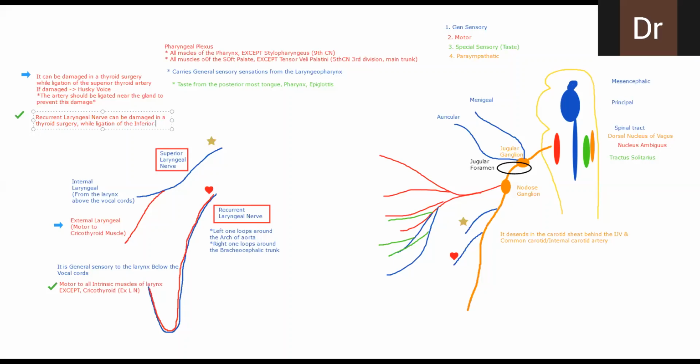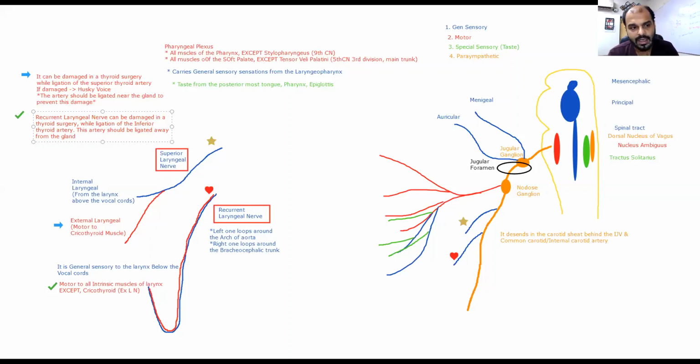Very good. We have already discussed these things in detail when we were studying the arteries, so I'm not going into much detail. And as this nerve and artery are close to each other near the gland, this artery should be ligated away from the gland, or as low as possible away from the gland.